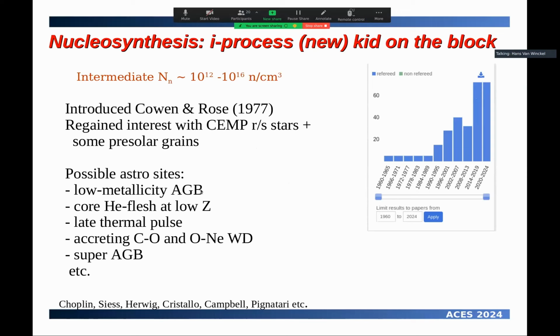It can be in low metallicity AGB stars, and I'll come back to that. So where can you create these high neutron densities? That is, if you introduce protons into the intershell, into the shell itself, so during the thermal pulse. This is normally not the case in a normal evolution, but at low metallicity it may be.